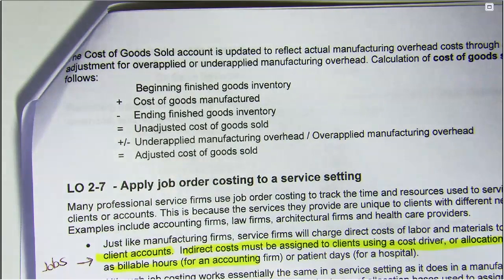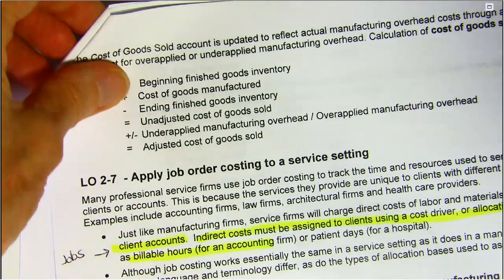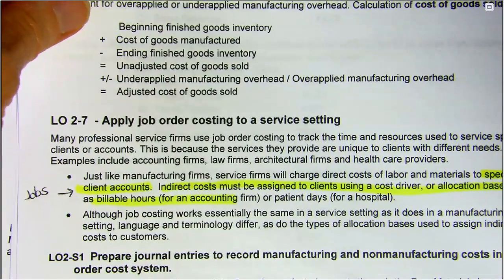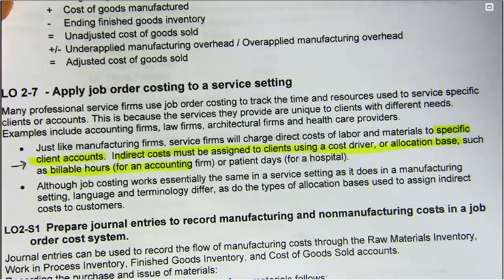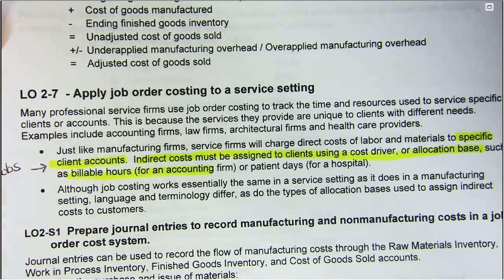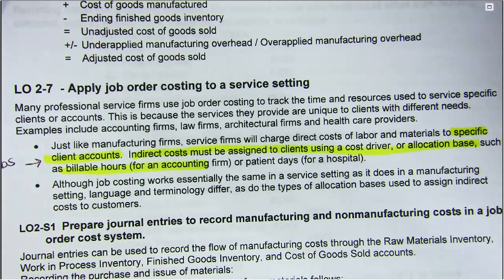Now, just one more thing to mention before we end this chapter and this lecture, and that is applying job order costing to a service setting. Job order costing can be used very effectively in a service setting because when we think about it, there are a lot of similarities with job order costing.